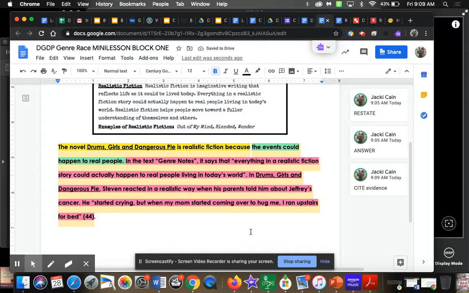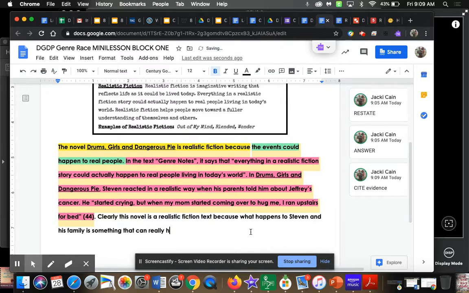What do I need to do next after I have cited my evidence? What does E stand for? Look at your notes. Explain it. The question again is, how is this realistic fiction? So I'm going to say, clearly, this novel is a realistic fiction text because what happened to Stephen and his family is something that can really happen in real life.